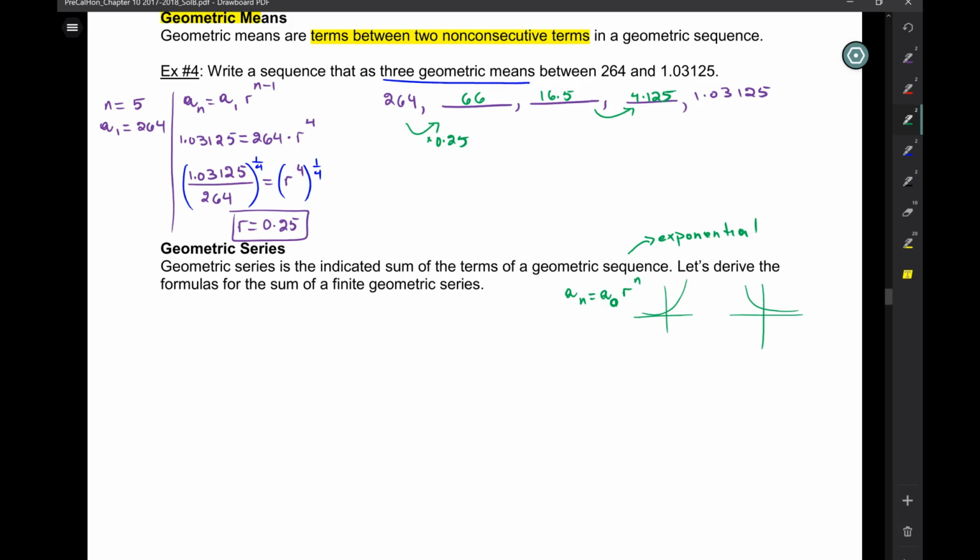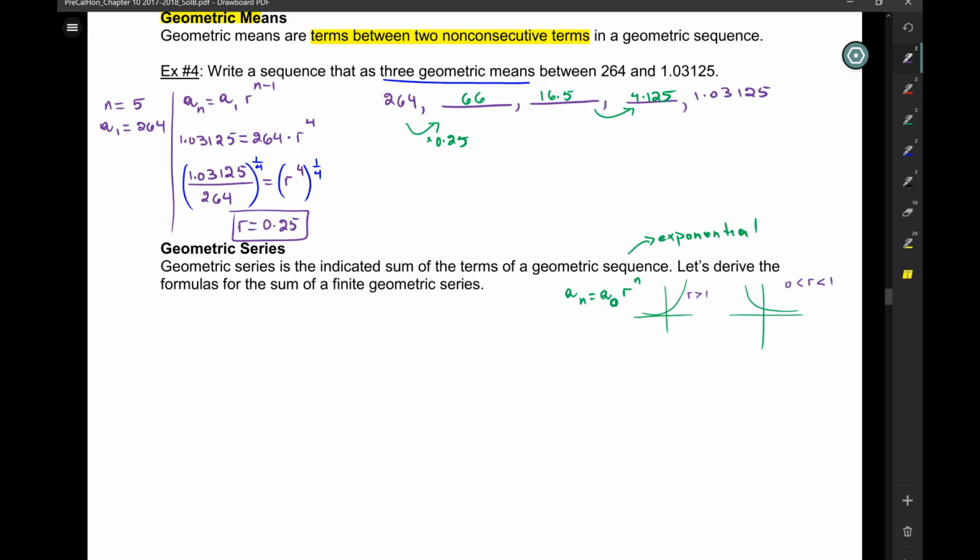Is r greater than 1 or between 0 and 1? So if r is between 0 and 1, it looks like that. If r is greater than 1, it looks like that.